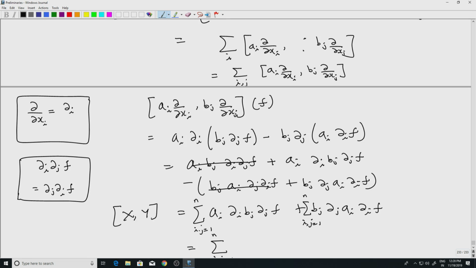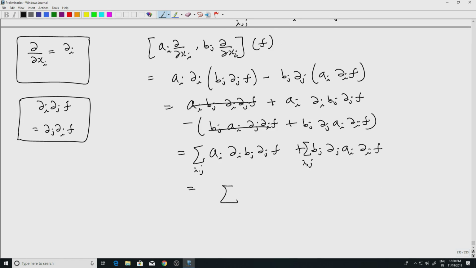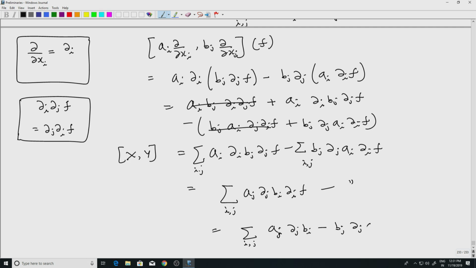So here I should write the Lie bracket XY equal to the summation. Interchanging i and j, it is aj del j bi del i f minus the same term with the roles swapped, and then finally I write it as the sum over i of aj del j bi minus bj del j ai, times del by del xi.